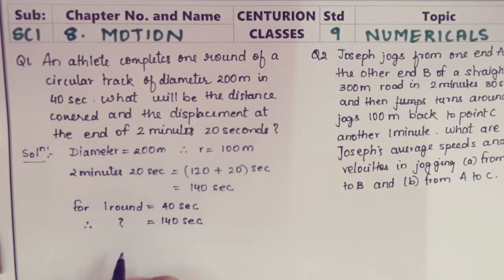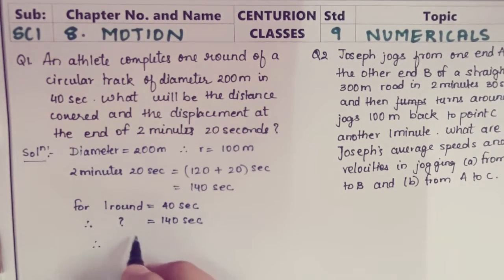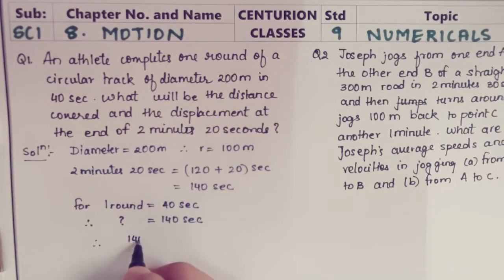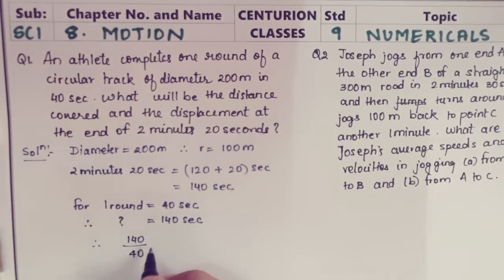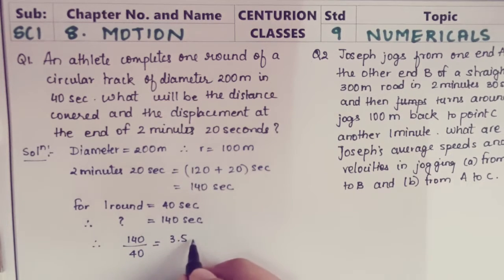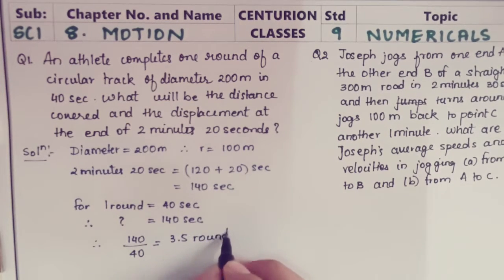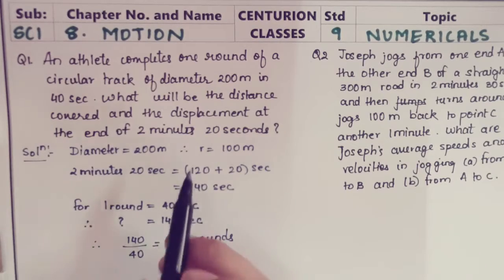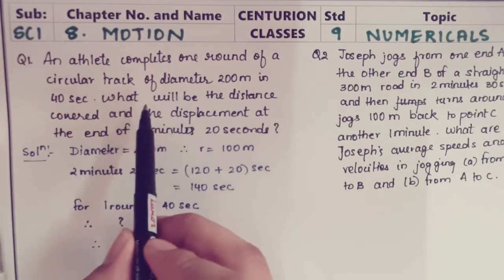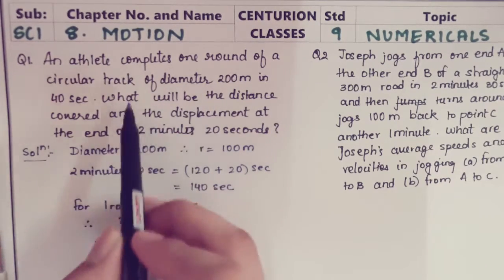I hope you are getting this. So do the cross multiplication, 140 upon 40. The answer will come out to be 3.5 rounds. Now you have to be careful, this is a circular track.